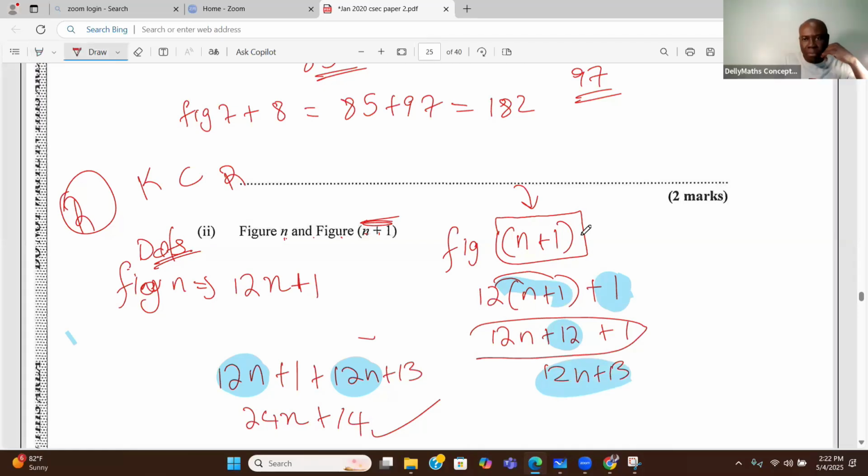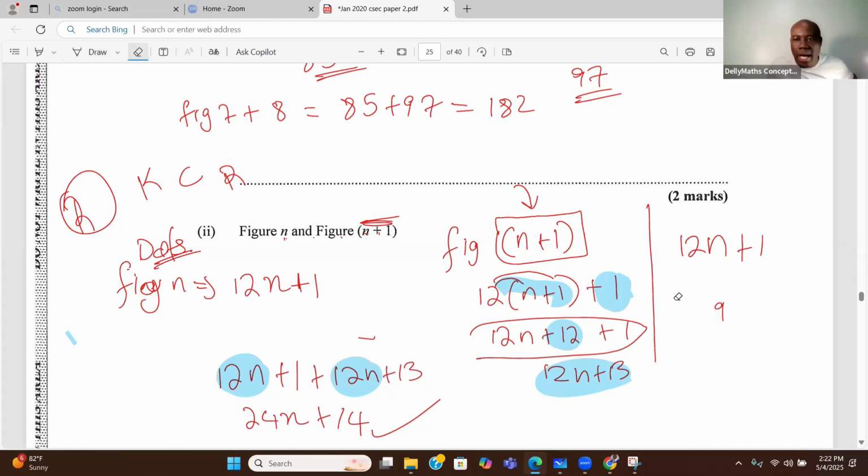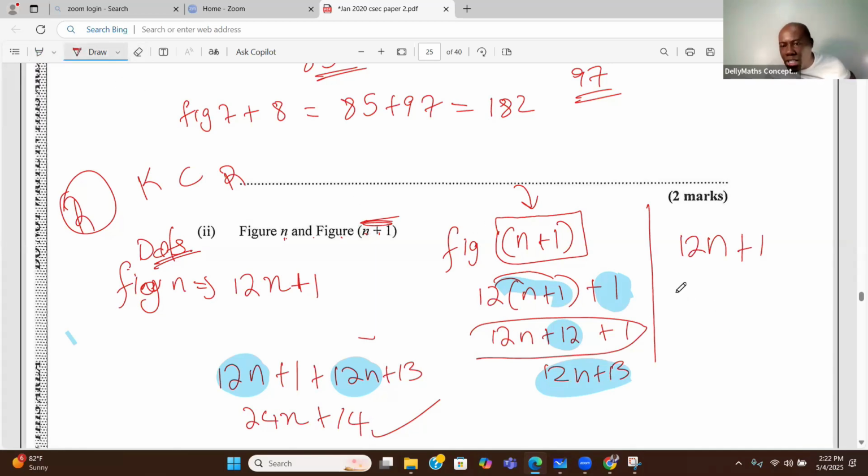As I say, this part people are getting wrong because of the substituting. Normally if I say the figure is 8, you just put 8 here. If I say 9, you put 9 right there. So if they tell us the figure is n plus 1, you do the same thing you do with functions. Remember when I tell you sometimes I might give you a weird function when you're doing functions.